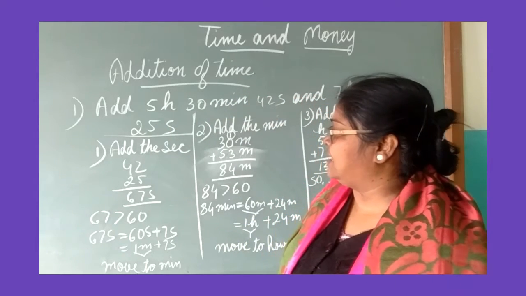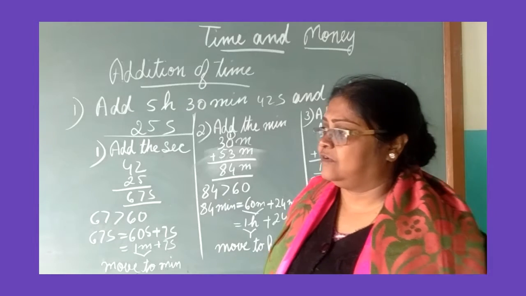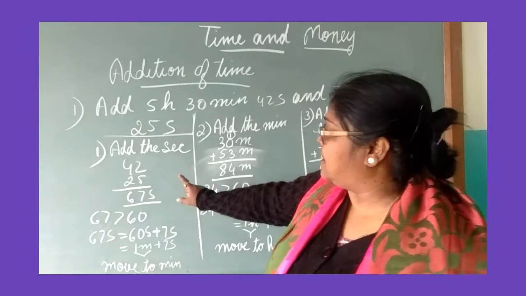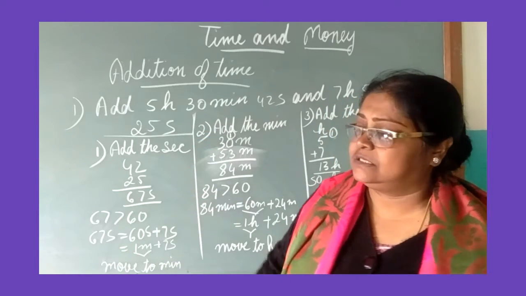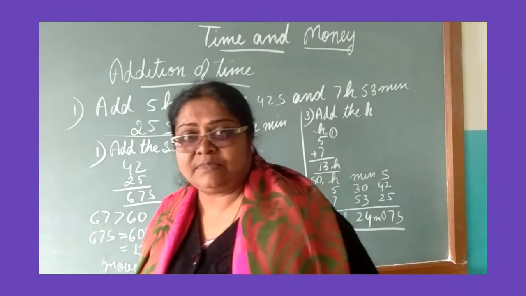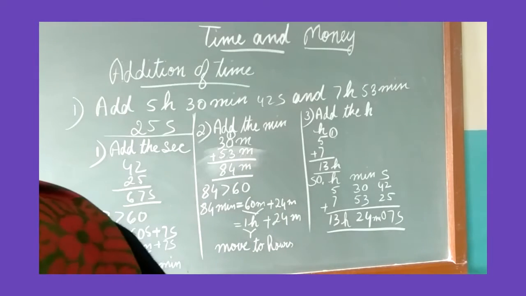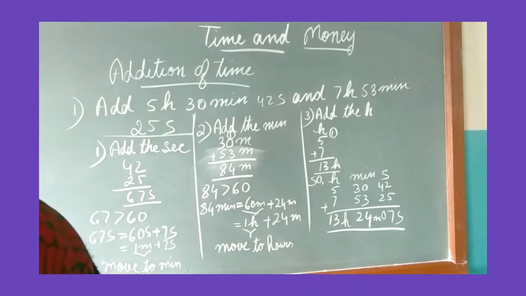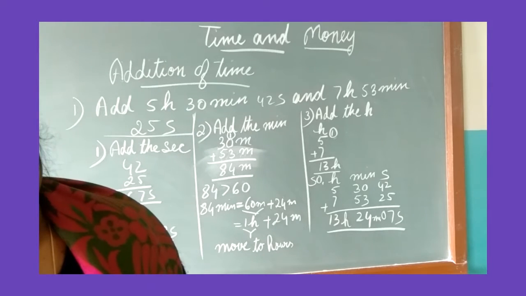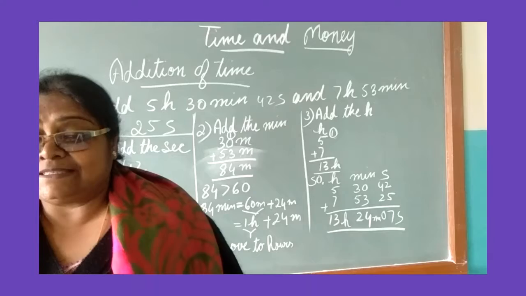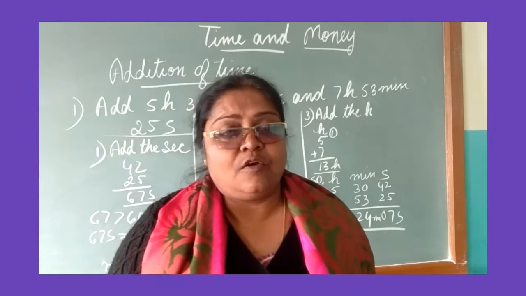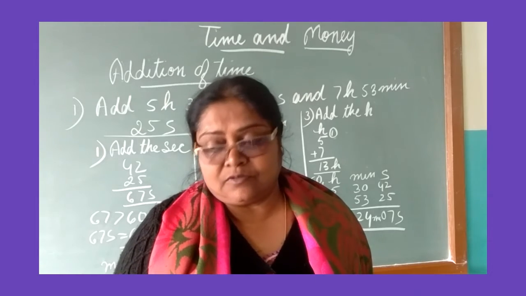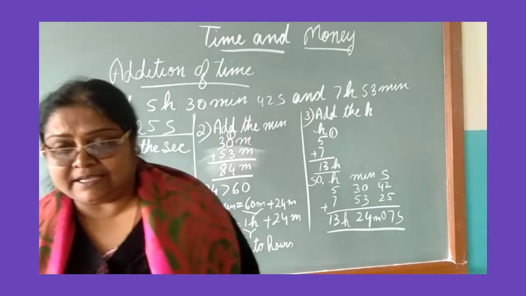So you know that 1 hour is equal to how many minutes? 60 minutes, yes. Before also you have learned 1 hour equals 60 minutes and 1 minute equals 60 seconds.